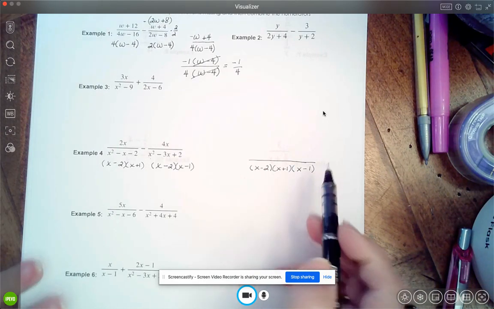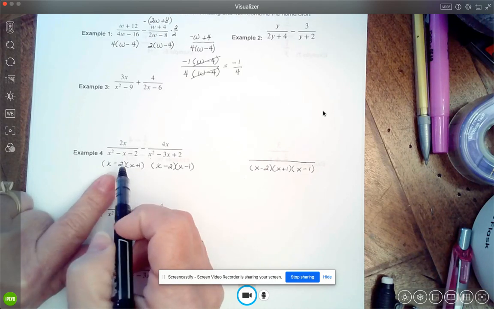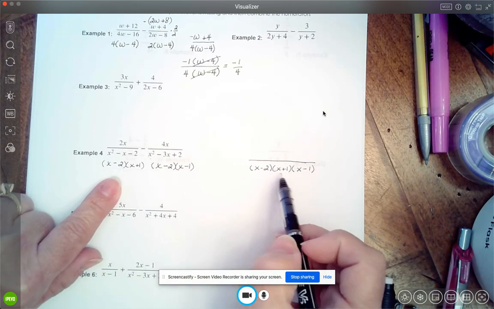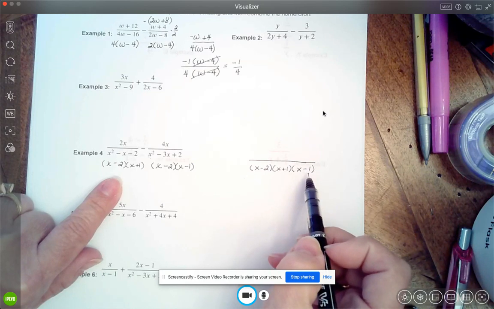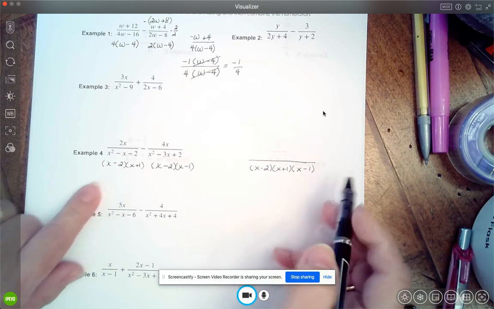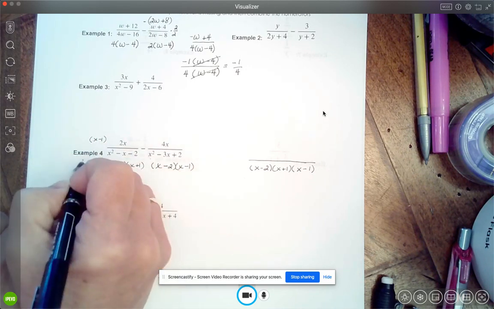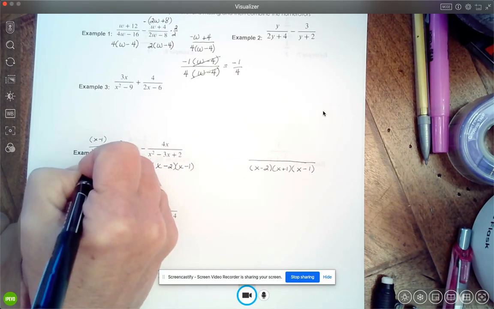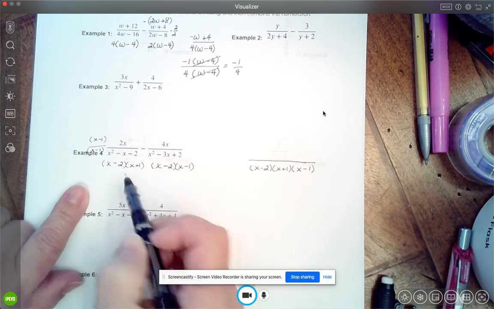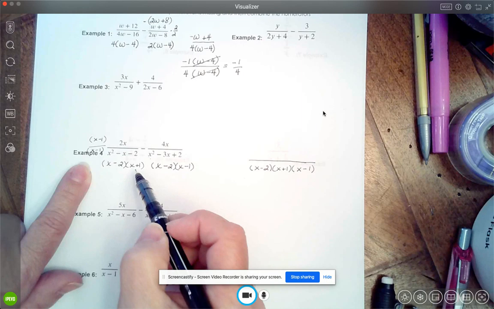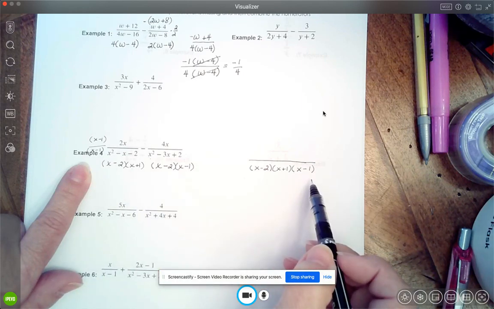I need to look over here in this first term. I have an x minus 2, x plus 1. There we go. But I also need to multiply the numerator and denominator by x minus 1 over x minus 1. That would give me down here x minus 1, x minus 2, x plus 1, what I have over here.